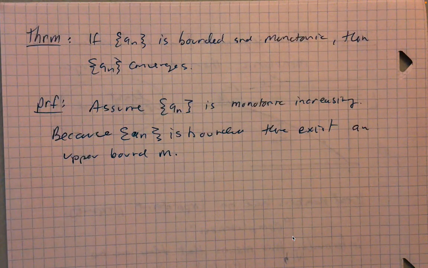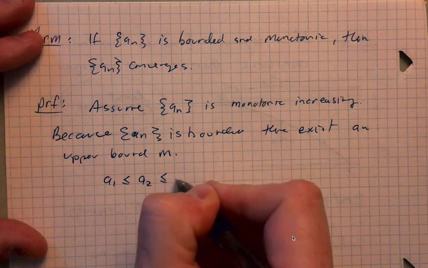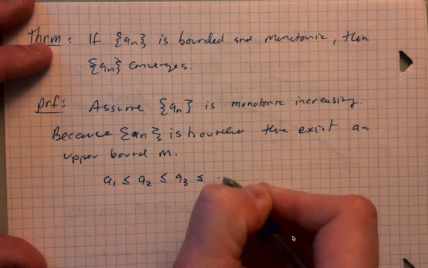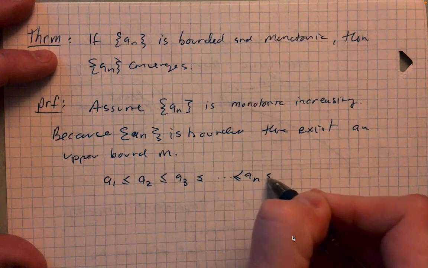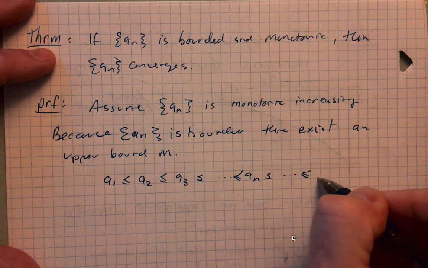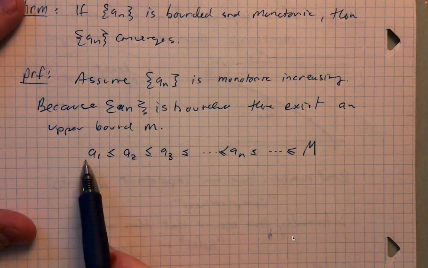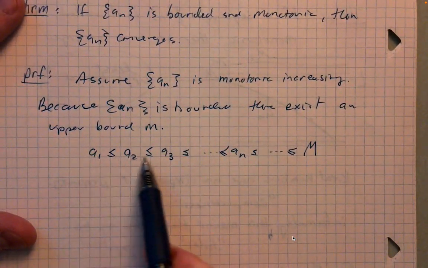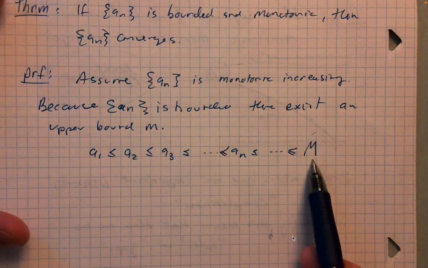It simply means that a_1 is less than or equal to a_2, which is less than or equal to a_3, which is less than or equal to ... a_N less than or equal to ... less than or equal to M. Maybe that's too many terms to put in there, but you know what I'm saying. Basically, the terms continue to increase, and all of them are less than this value of M.